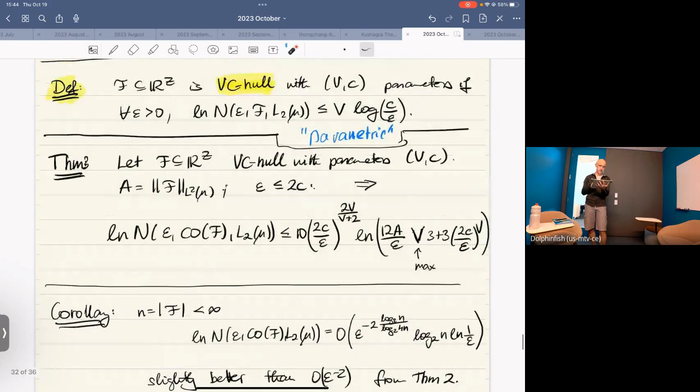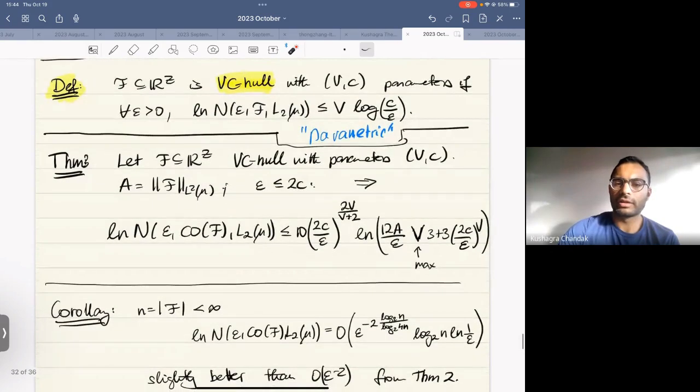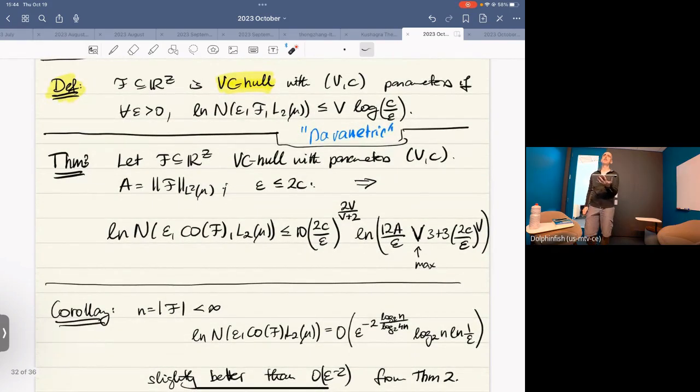So parametric classes have log 1 over epsilon. Like you call it parametric if it's log 1 over epsilon. People are not too precise with this terminology. It's not too important to be precise about it, because you calculate things exactly, and sometimes it's log squared, and does it matter? No, it doesn't matter. There are functions between 1 over epsilon and log 1 over epsilon.